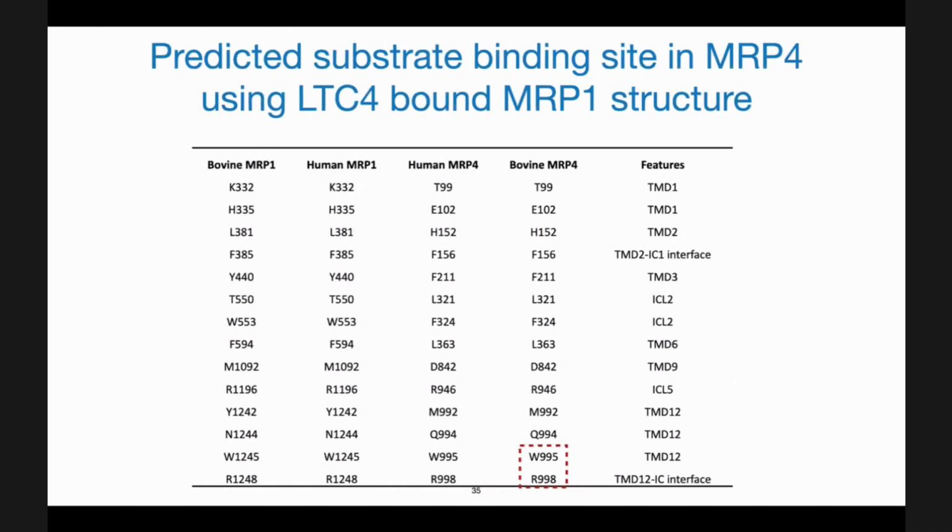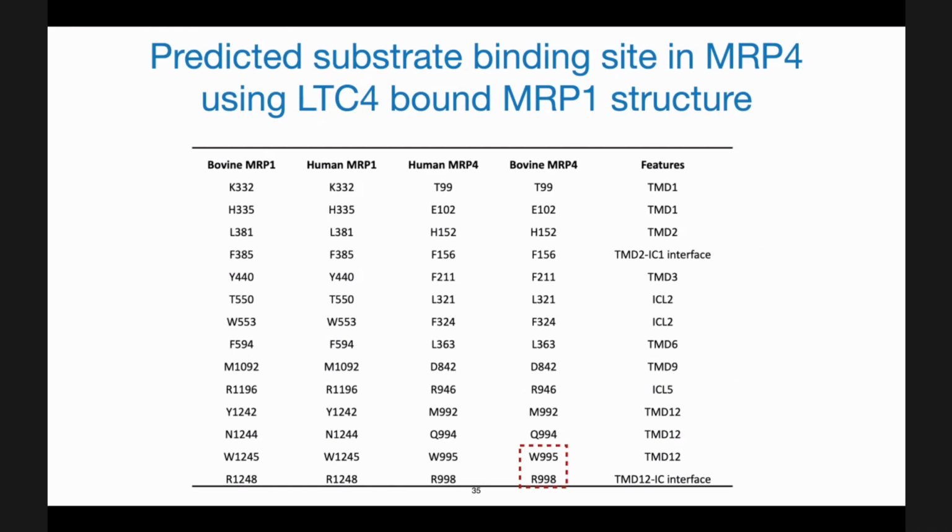So after going through this asymmetry and substrate asymmetry in NBD sequences, we also tried to check out the substrate binding site in MRP4 using LTC4 bound MRP4 structures.